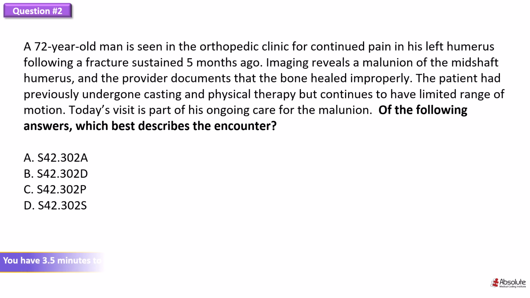Imaging reveals a malunion of the mid-shaft humerus, and the provider documents that the bone healed improperly. The patient had previously undergone casting and physical therapy but continues to have limited range of motion. Today's visit is a part of his ongoing care for the malunion. Okay, coders, your time begins now.